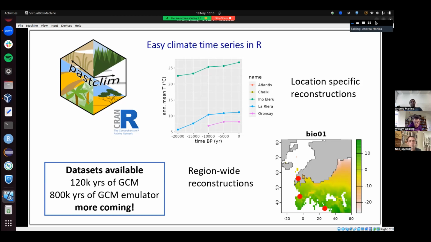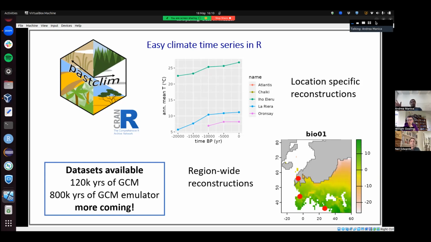And actually, again, if you look at the website of pastclim, there is a whole section dedicated to explaining how you would take any data set and effectively shape it in a way that it can then be used by pastclim. So effectively, we've made pastclim very much not just a tool for our data, but a tool where you can compare data.